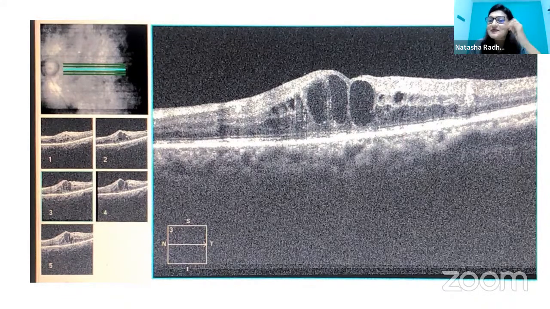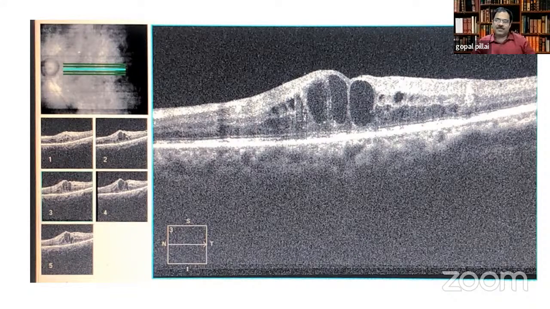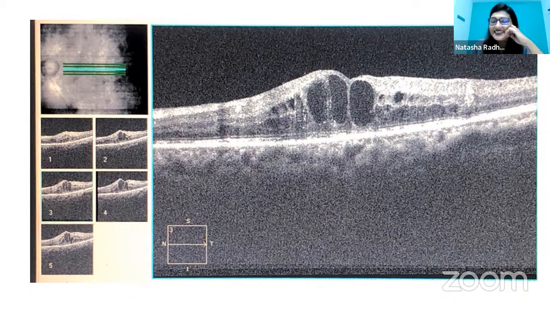It's very similar. That's why I'm just comparing it to that. But there's one group that is not there. What is that called? You can get a congenital, not congenital, but genetic. Yes. What is that called? It's called adult onset cystoid macular edema. It is genetically inherited. So that is also there.